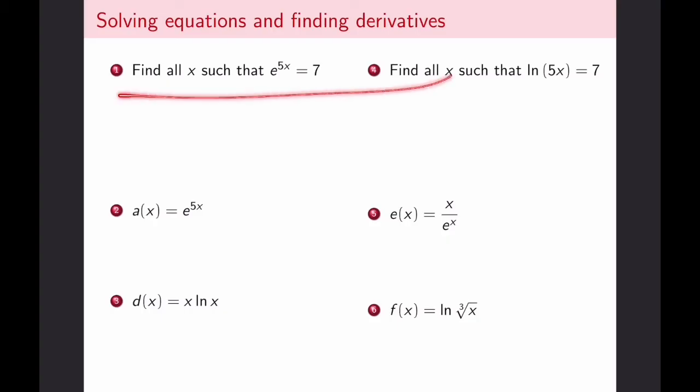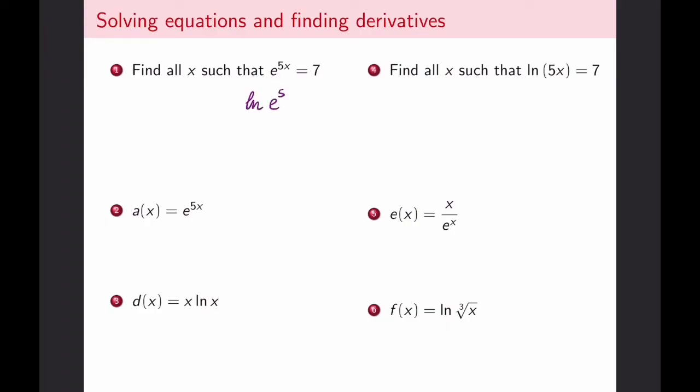So in the first two examples here, I have equations that I would like to solve for x. The first one, I have e to the power 5x is equal to 7. Now, while there's a few ways of actually solving it, one way is to apply the logarithmic function to both sides of the equation. So I'm going to take it step by step and write everything down.